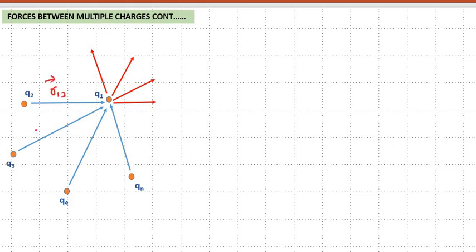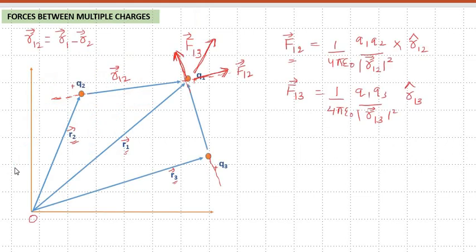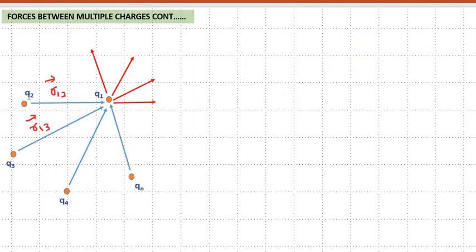In the same way, this is the R13 vector. I have not shown all these arrows again in order to make the diagram clearer, because now you have understood that this is R1, R2, R3. So I have not shown them once again over here, correct?